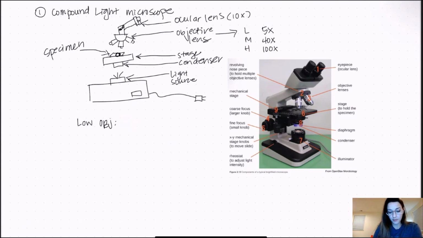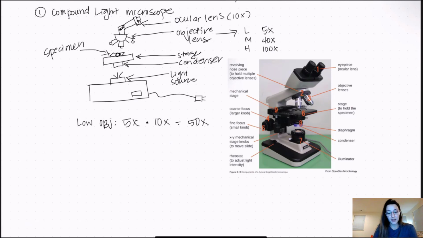Oops, I want my real pen. 5 times. But then that light is also passing through that objective lens, which is also magnifying. And so what actually happens is even on the lowest power objective, we're still magnifying things 50 times. That's a lot.